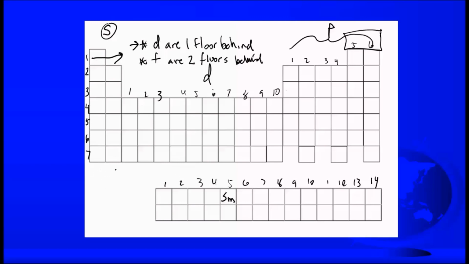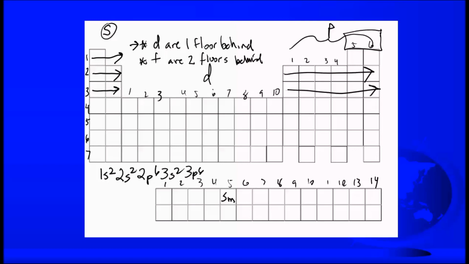Okay, go. Okay, 1s2. Good start. 2s2. 2p6. 3s2. 3p6. So far, so good. 4s2. Okay, danger, danger, danger.